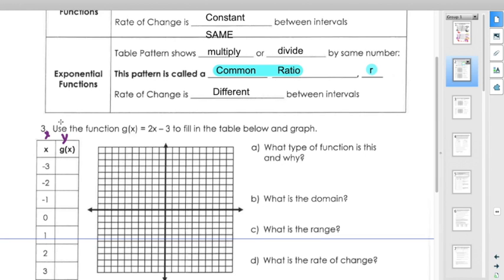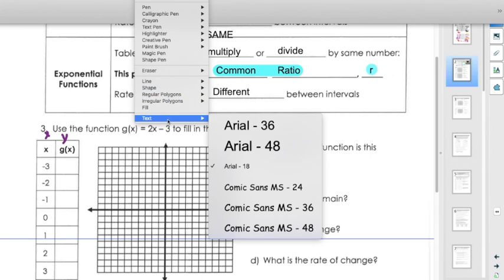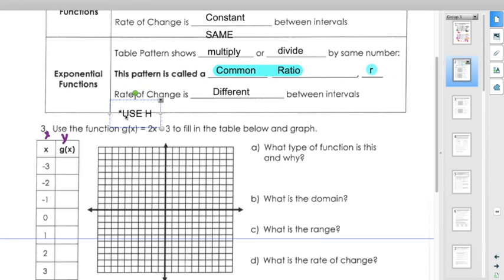How am I figuring out what's going in here? Well, we want to use our calculator. Star, use your calculator to fill in the tables.